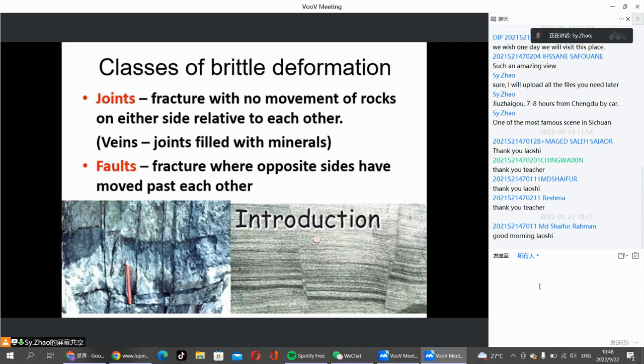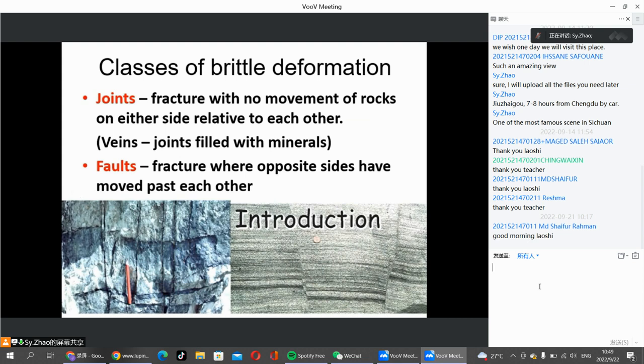The two types of brittle deformation can be classified: one is joints, and the other is faults. The joints illustrate the fracture with no movement of rocks on either side relative to each other. And faults refer to the fractures where the opposite sides have moved past each other.